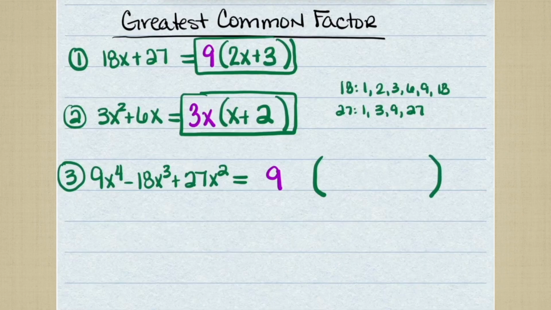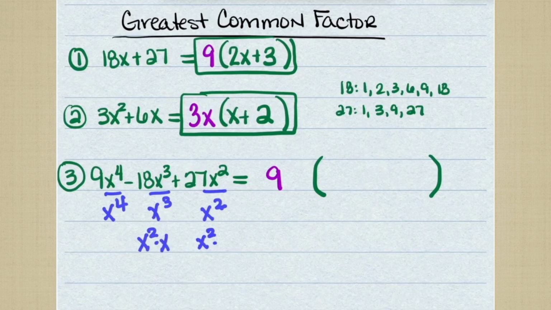So the 9 will do these. And then what about the x's? This has x to the 4th, this has x cubed, and this has x squared. Well, what's the least amount of x's that they have, or the greatest amount of x's that would cover all of them? This is x squared times x squared, this is x squared times x, and this is x squared times 1.